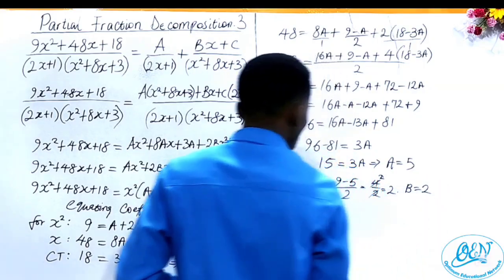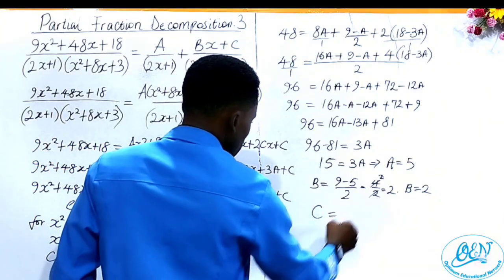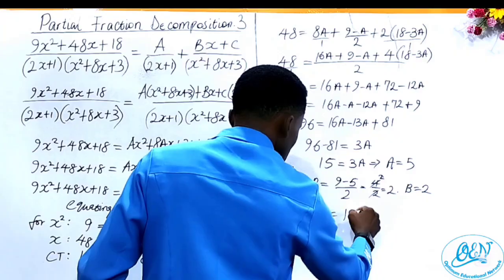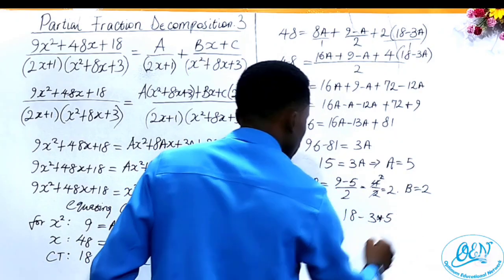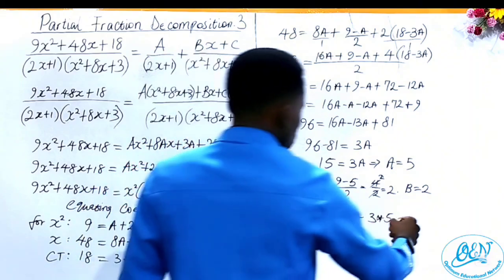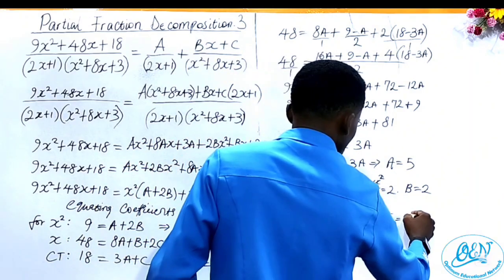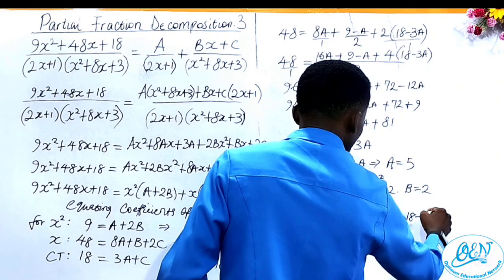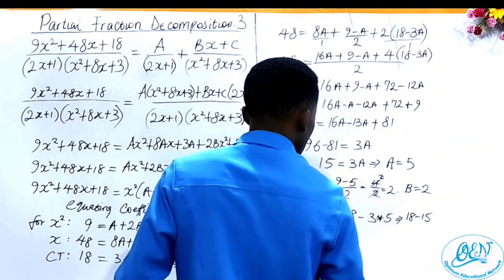So we put the value of a into c. Here we have 18 minus 3 times 5, which gives 18 minus 15. So c will be equal to 3.